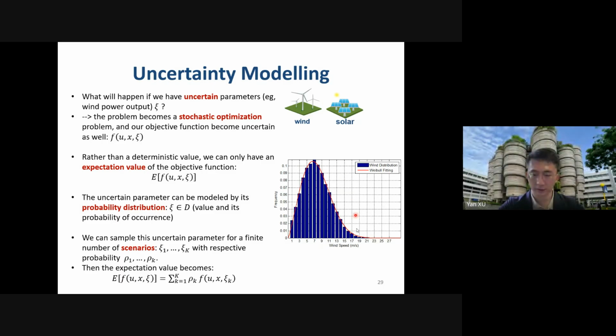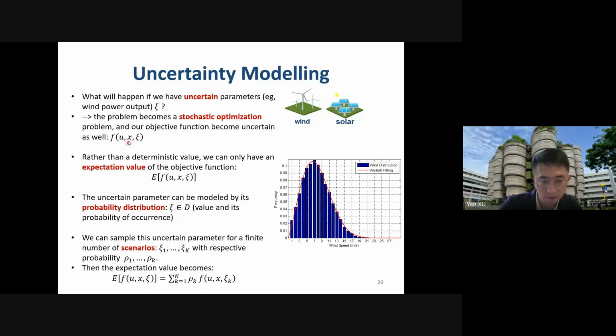For this example, the wind speed can be modeled as a Weibull distribution, right? Here you can see this is a histogram of the wind speed. Under different speed levels, the frequency and also the probability are different, okay? Most of the time, the wind speed is around 7 to 9 meters per second. Now, the question is, how can we model this uncertain parameter into an optimization model?